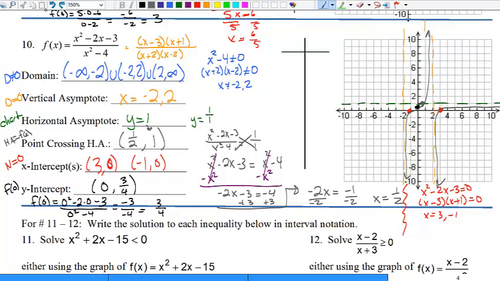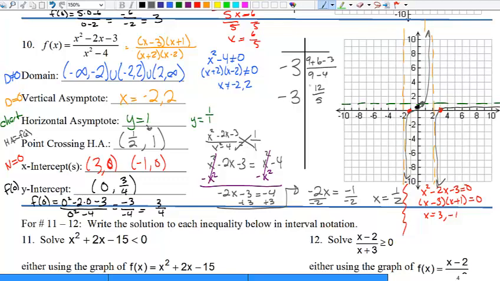So what I'm going to do is plug in like -3 into the problem. So that gets me -3 squared is 9. -2 times -3, that's +6, minus 3 in the numerator. -3 squared is 9 minus 4, so that gets me 15 minus 3, that's 12, over 5.